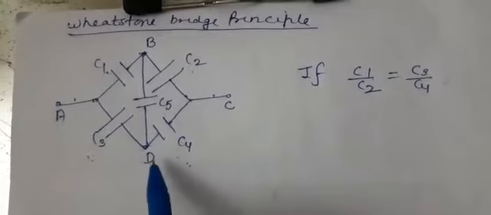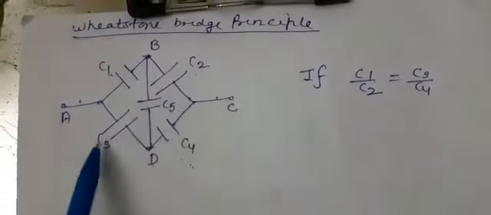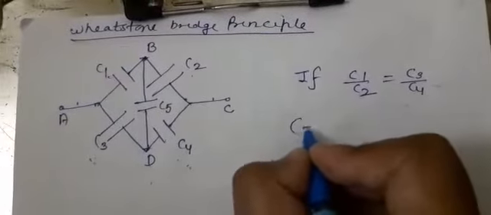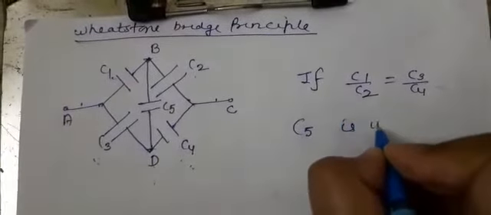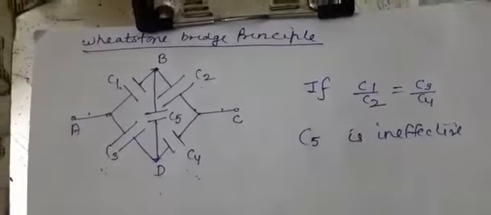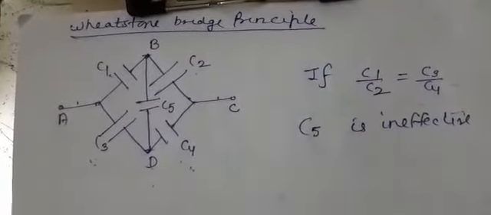So what you have to learn is that if the ratio of these two capacitors is equal, you will simply say that the C5 capacitor is ineffective. Why? Because it will not contribute. Why? Because B and D will be at the same potential.